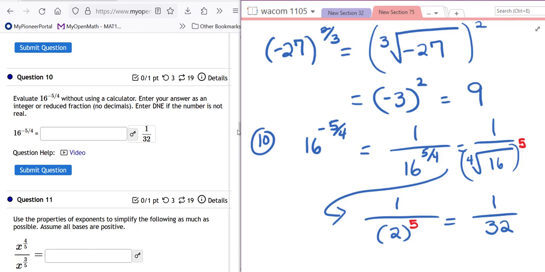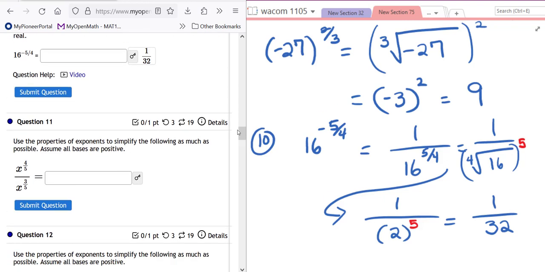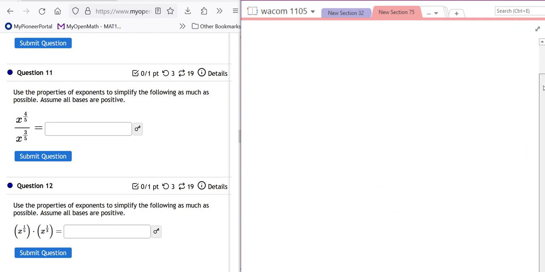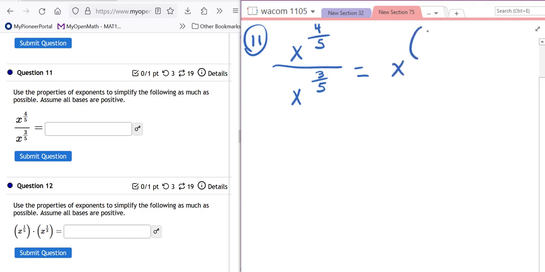All right, next one. So you have to remember your exponent rules here. When you have a fraction, you will keep the base and subtract exponents. And I would probably write that.